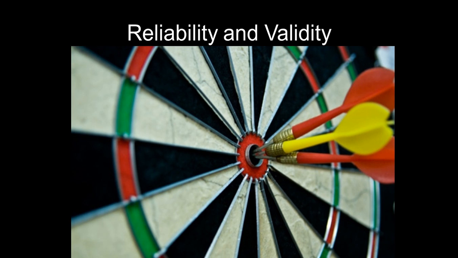When we have measurements that are not valid or reliable, ultimately, those measurements are incapable of helping researchers answer their research question or confirm or reject hypotheses. So measurement validity and reliability becomes central to the research process. And I'm going to take you through each of these and give you some examples to help you understand this better.